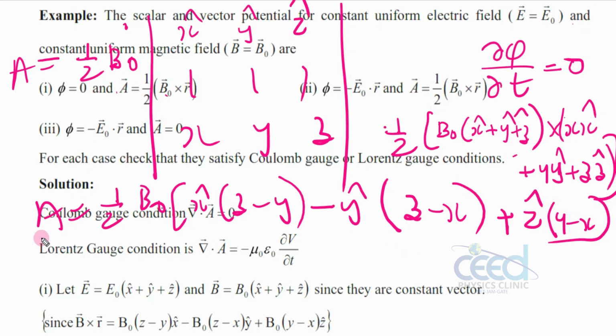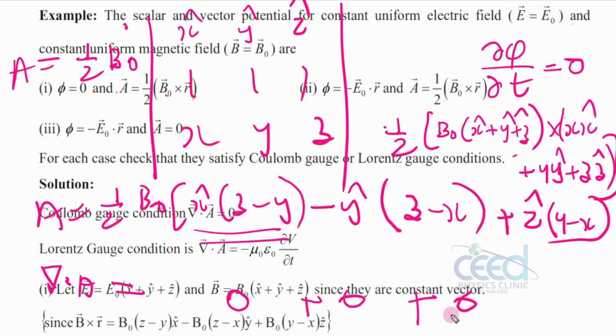This is A given like this. Now if you find del dot A, I cap dou by dou x of this is 0 because there is no x component. Dou by dou y of this part, no y component, so that is 0. Dou by dou z, no z component, then this is also 0. Then what is del dot A?